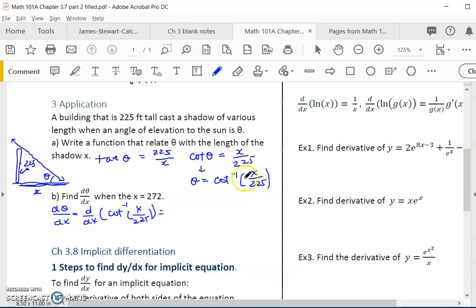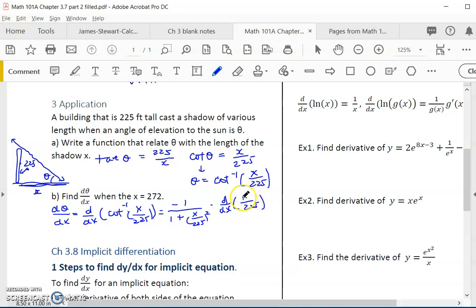So this is the x that we talked about. We say that this is the inside, so it's negative 1 over 1 plus x over 225, the whole thing squared. Then I do the derivative of the inside because of the chain rule, x over 225.